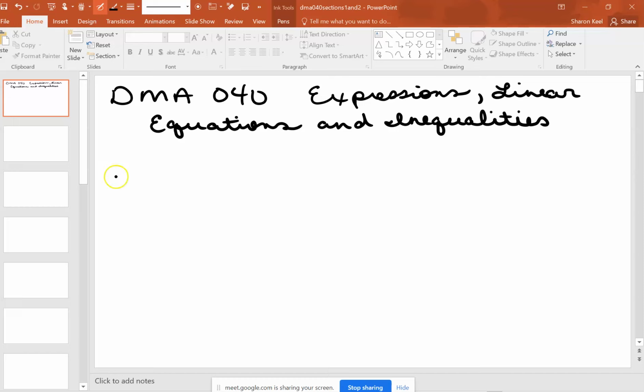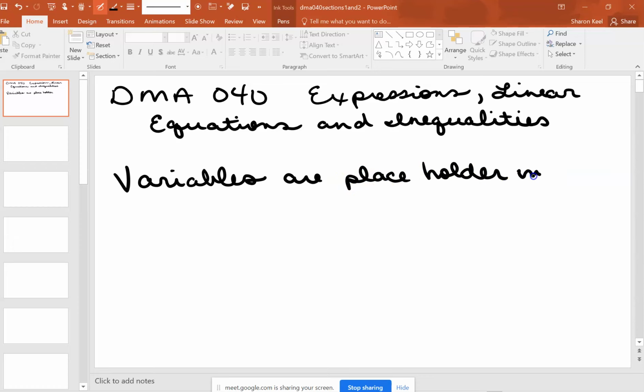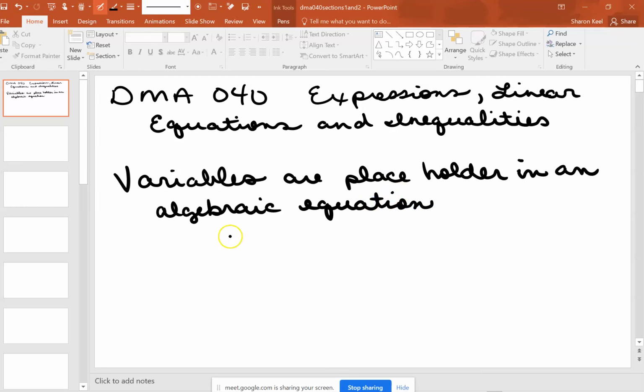As we work in this module, we're going to have the introduction of what are called variables. Variables are placeholders in an equation. Examples that we might use for variables would be any letter of the alphabet.